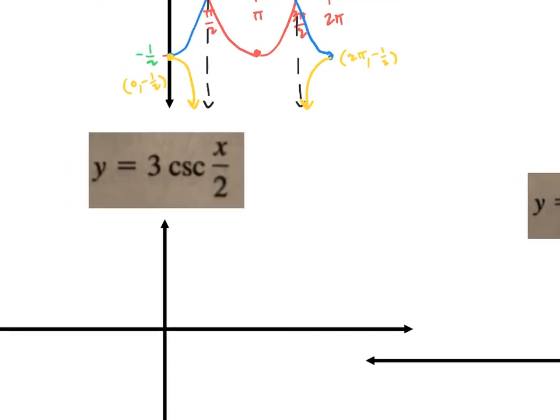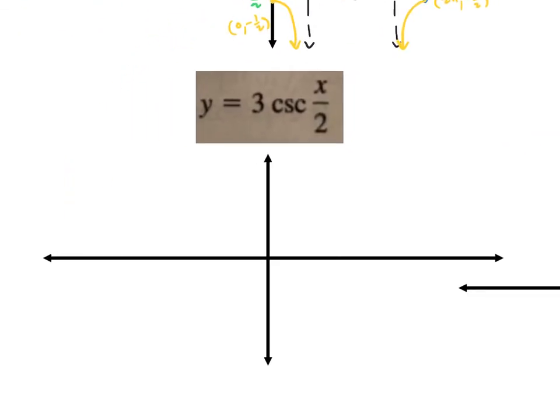A couple more left. Okay, cosecant. Really dumb joke, but my dad used to tell this. He's a former math teacher, but he used to tell this joke about how when he'd go to weddings, people would ask him, you know, do you like to dance?